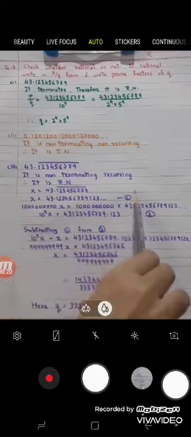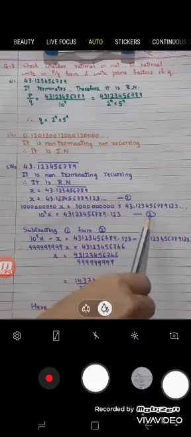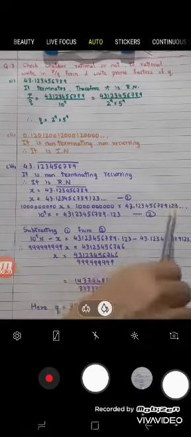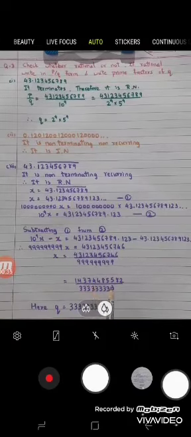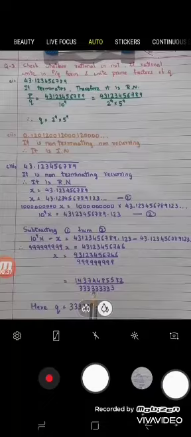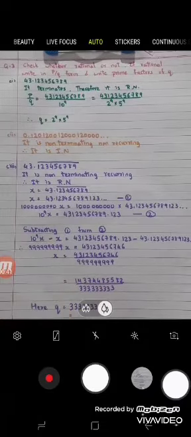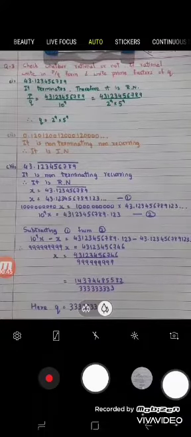This x equals this we will give number 2. After multiplying by 10 raised to 9, that number we will give number 2. After this, subtract number 1 from number 2. After subtracting, you will get the answer 14374485582 upon 333333333. Here you can see q equals 333333333. So this is your answer.